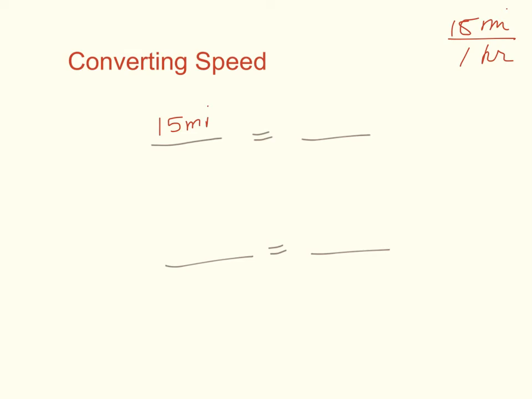But I need a conversion rate because I don't want it in miles, I want it in feet. So I know that 1 mile is 5,280 feet because I've memorized that, or I've looked it up in a table. And I see these are equivalent fractions, so I can cross multiply and divide. 15 times 5,280 is 79,200. And that's feet.